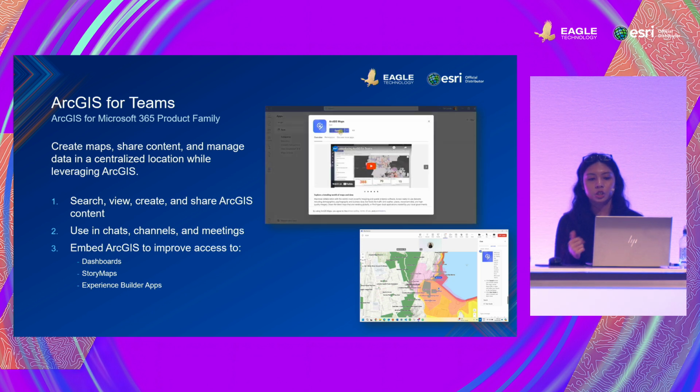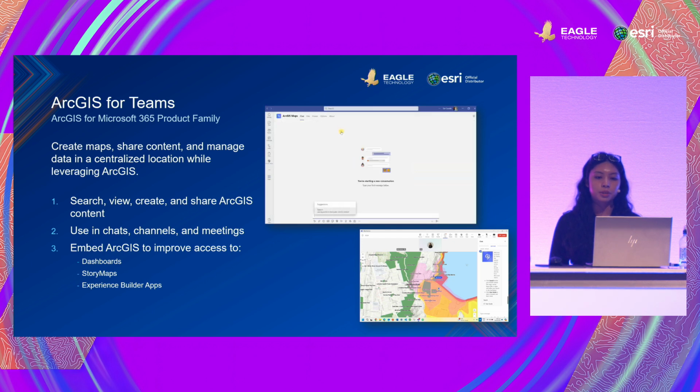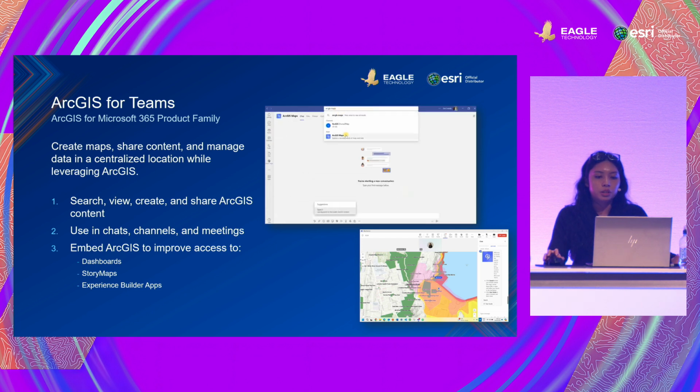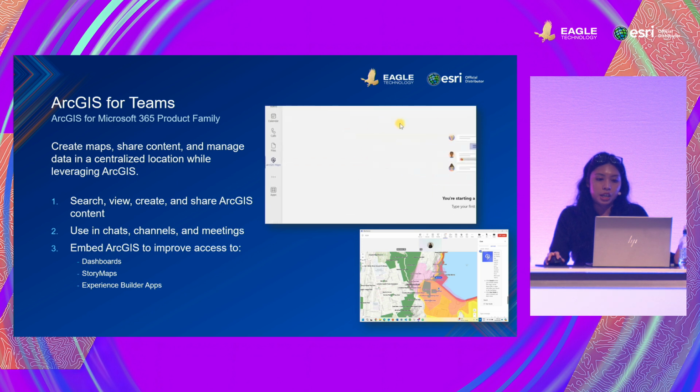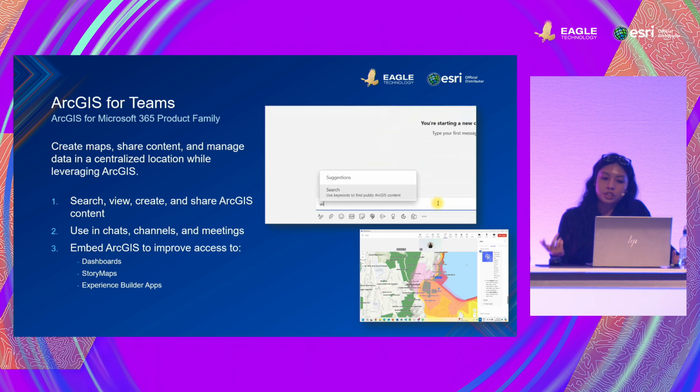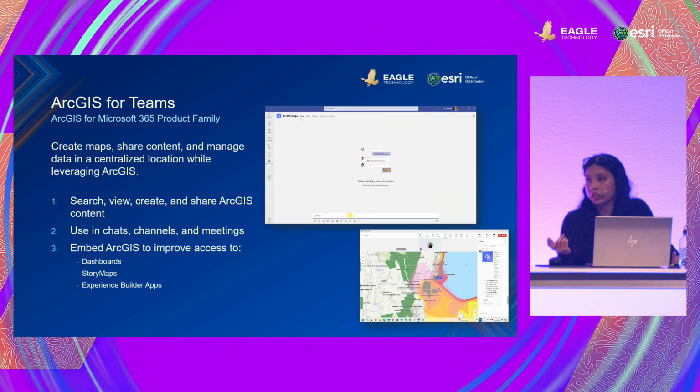You can easily search, share, and pin ArcGIS maps and apps in chats or meetings. By integrating operational maps, teams can improve decision-making and stay up to date without leaving the Teams environment. When combined with ArcGIS for Power Automate, users can also receive automated notifications on data changes.